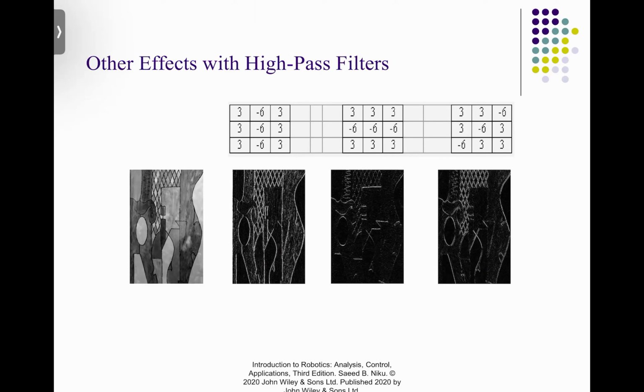There is no sudden change. In other words, the frequency is low. So once you pass that through the mask, the pixels which are close to each other will be retained, and the pixels that have sharp contrast with respect to each other will be discarded.